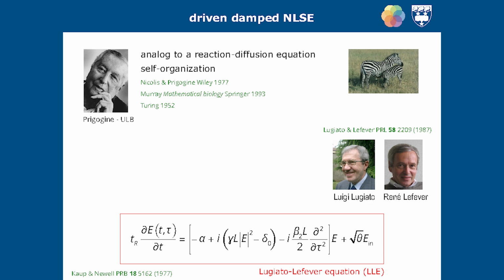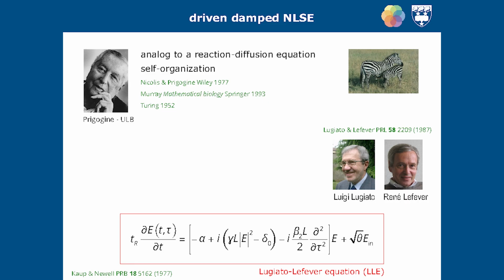Now, in terms of the form of this equation, it's a complex equation, it's a wave equation, but it relates to equations that have been derived in chemistry and similar fields by Professor Prigogine, who is also from my original university in Brussels.